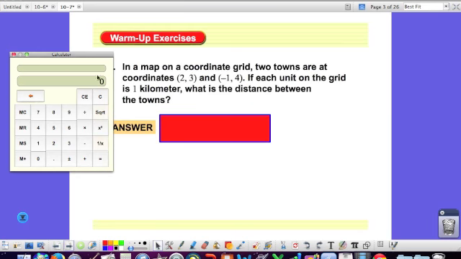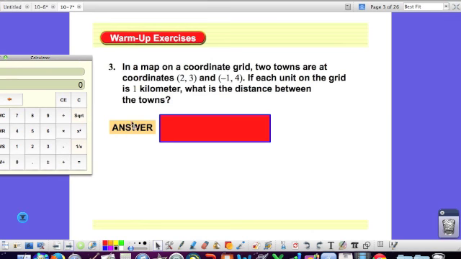In a map on a coordinate grid, two towns are at coordinates of 2, 3, and negative 1, 4. If each unit on the grid is 1 kilometer, what is the distance between the towns? So we need to use the distance formula. So 2 minus negative 1, subtracting the values of the x's first, is 3, and 3 squared is 9.